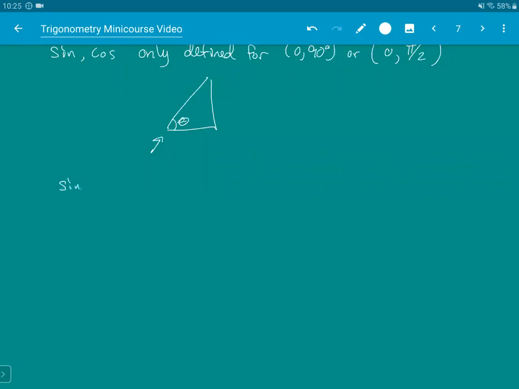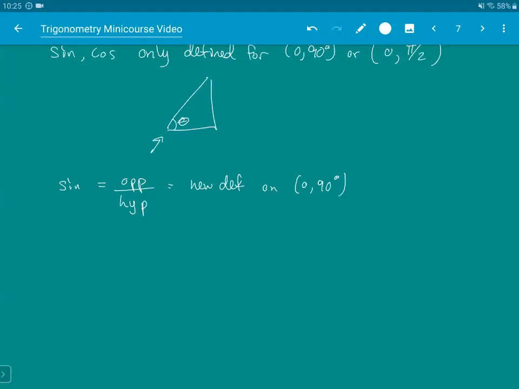So originally we defined sine to be opposite over hypotenuse. But now we're going to give another way to define it for any angle, except there's one thing we have to make sure, which is that it still coincides with our original definition on angles between 0 to 90 degrees.